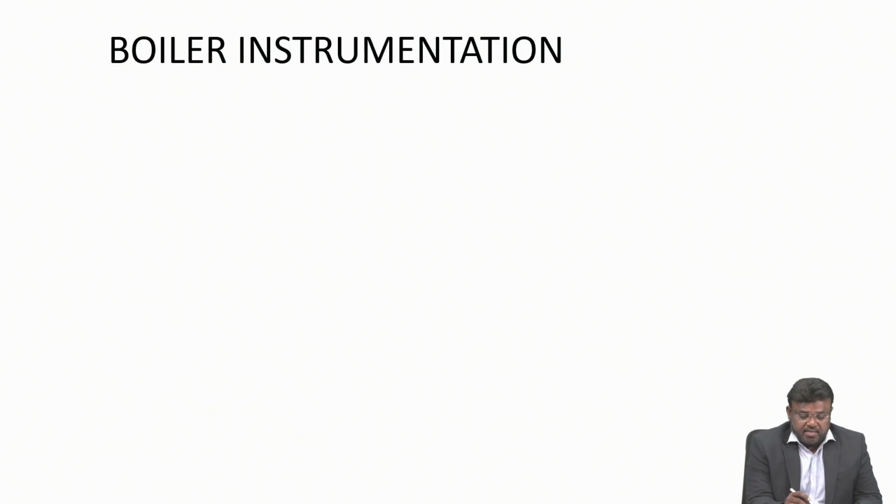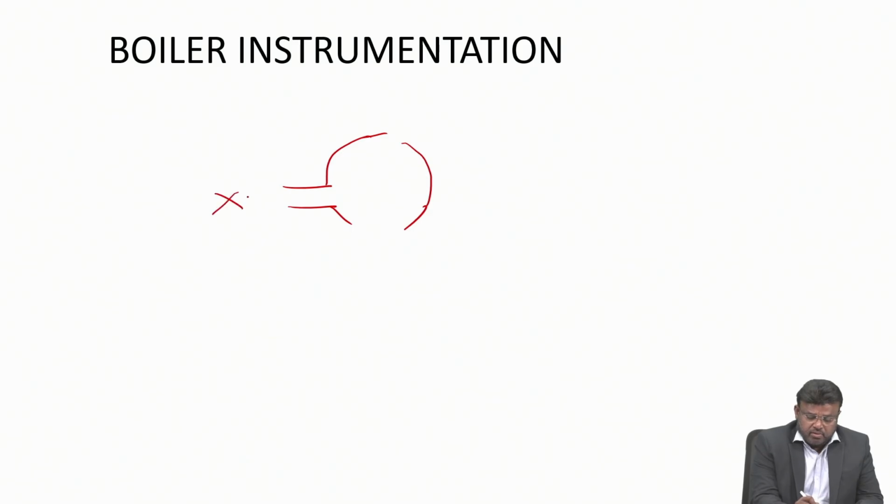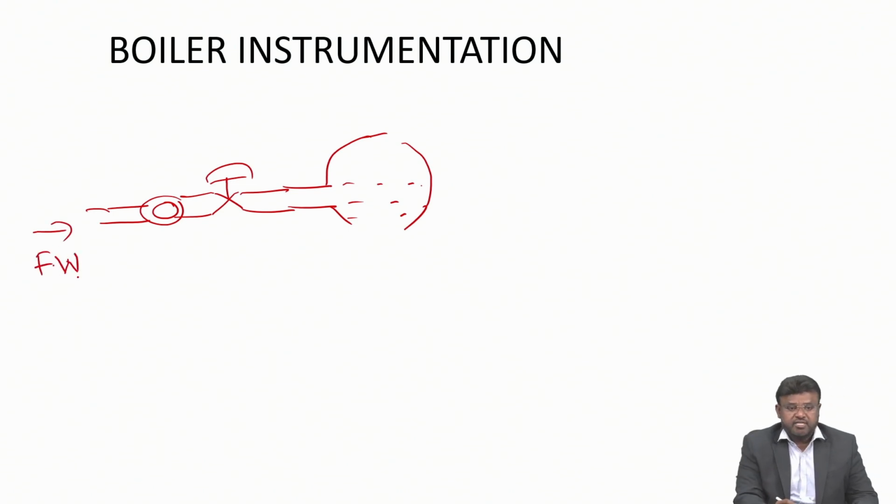So let me draw the basic overview of a boiler instrumentation. Basically here we have a boiler. This is the water drum, and here we have a valve, and I can represent this as FW, which is denoted as feed water.